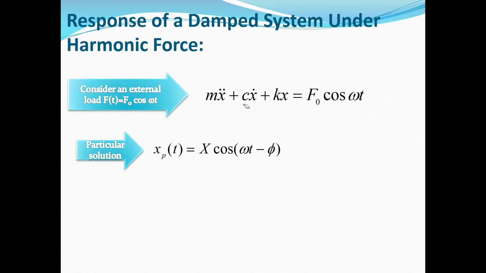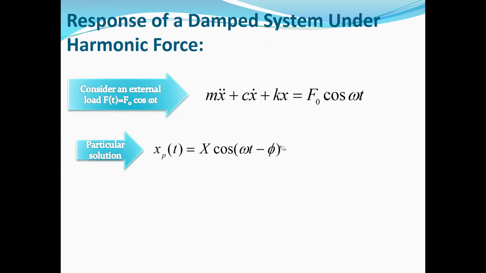And here, because we have viscous damping, and we have the term x dot in the equation, we have the phase angle. And you will see that one of the effects of this damper on your response is this phase angle. So this is phi, or phase angle.